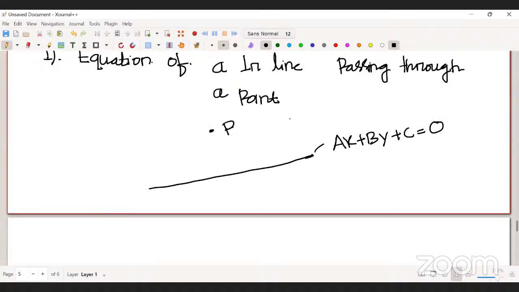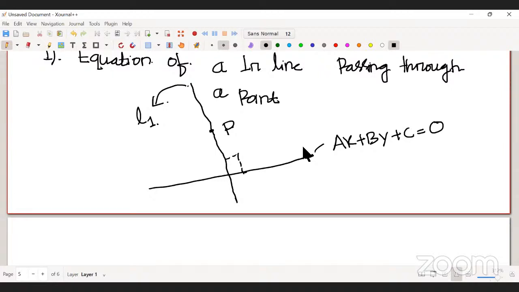What I want to find is this line which passes through this point and is perpendicular to this line, ax plus by plus c. So I want to find the equation of this line L1. Any idea how I can find the equation of the line L1?